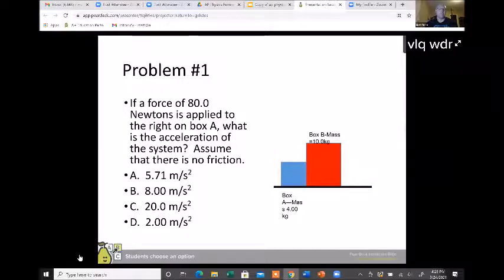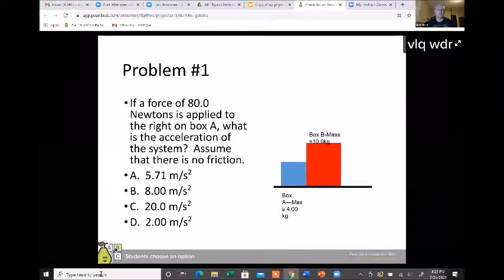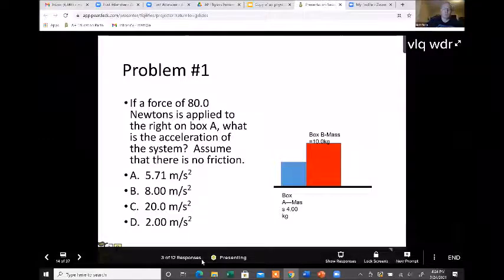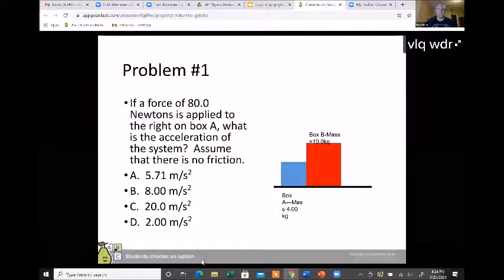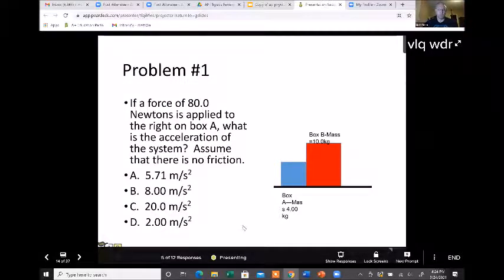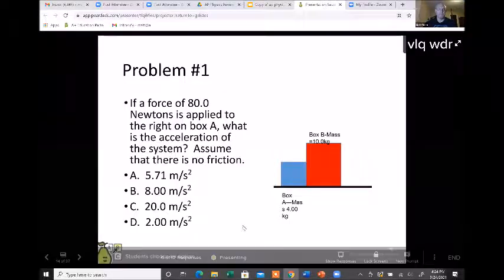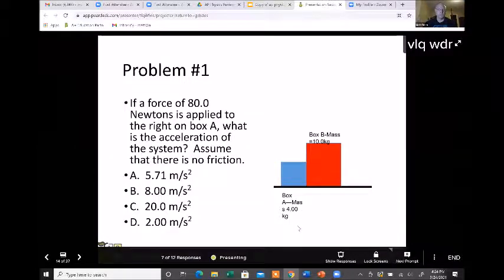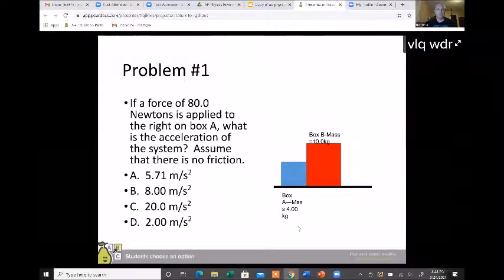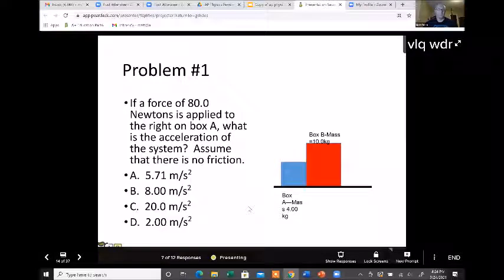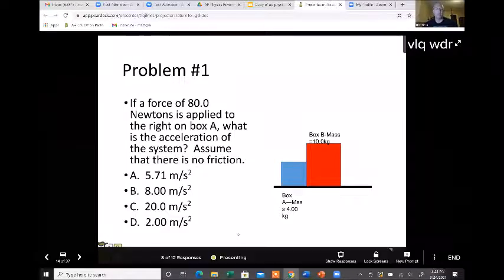Think about your free body diagrams as you're working this problem. We have about 4 more of you that need to put in an answer.